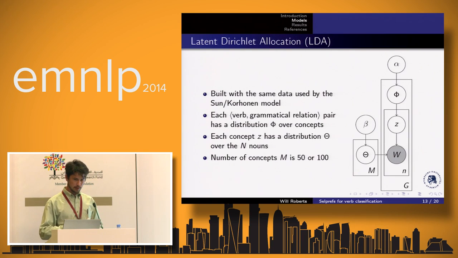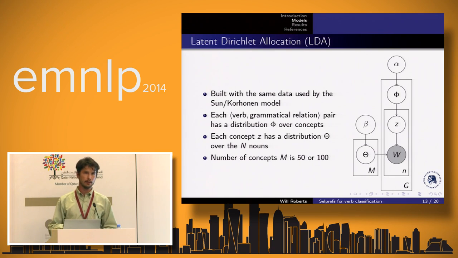And what this gives us when it builds its model is for each verb grammatical relation pair, we get a distribution phi over concepts. And every concept z then has a distribution theta over the n nouns that are included in the model. Again, we use the parameter m to model granularity. And here we set m to be either 50 or 100.